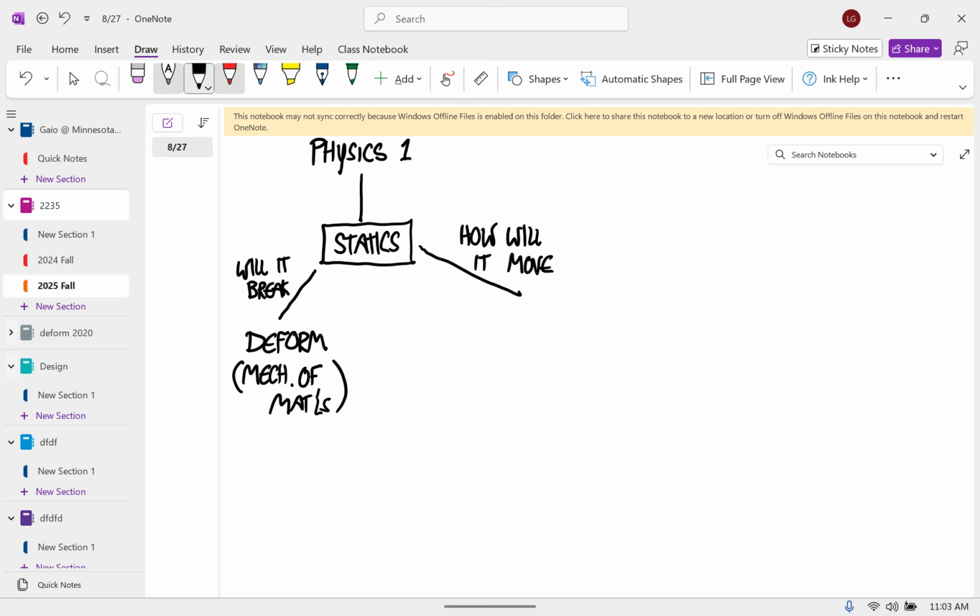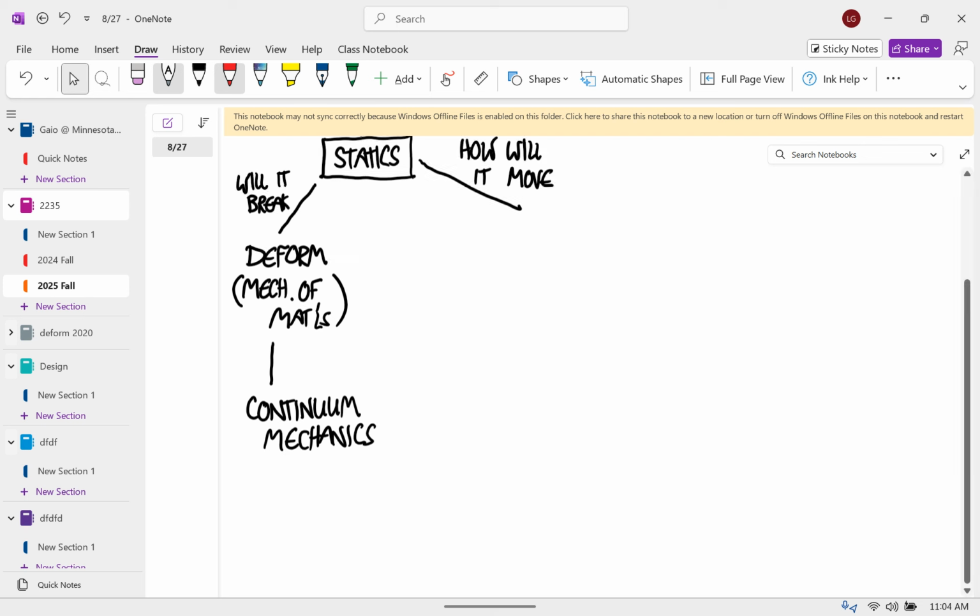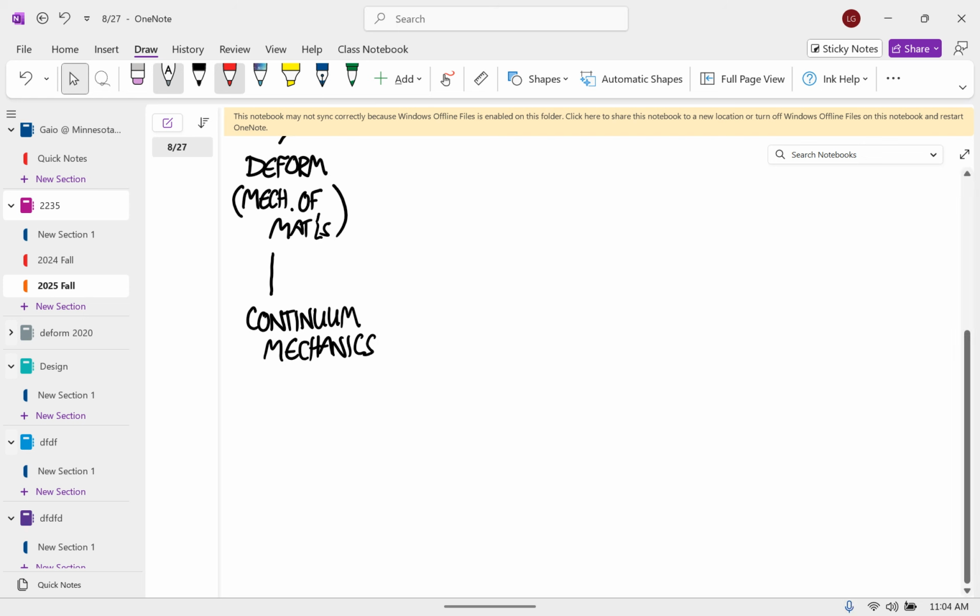But if you want to keep studying stuff in this direction, you could go to continuum mechanics, which is like the coolest name. And then from continuum mechanics, you could go in the most practical direction, which is finite element analysis.